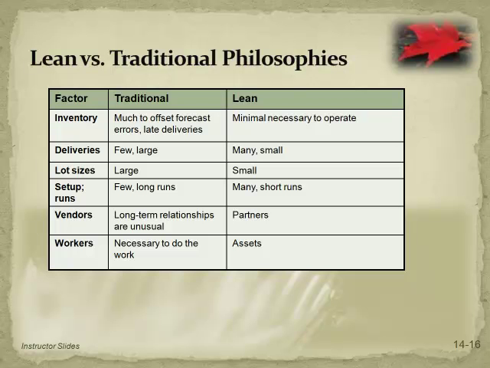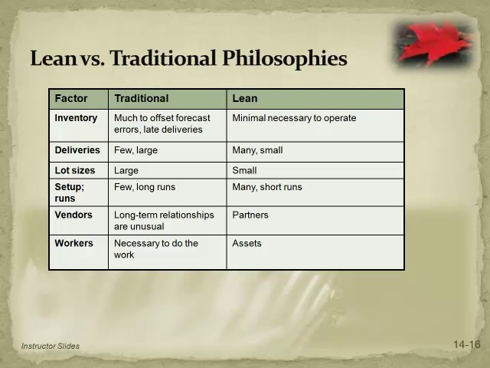Deliveries from our suppliers: in a traditional system, we want to order in large quantities and have as few deliveries as possible, where in lean, we want just the opposite. We want small quantities and we want many deliveries. From a lot size perspective, traditional typically has larger lot sizes, maybe even economic order quantity, which is larger, where lean is small. Setups: many setups in lean, where in traditional we have fewer setups.